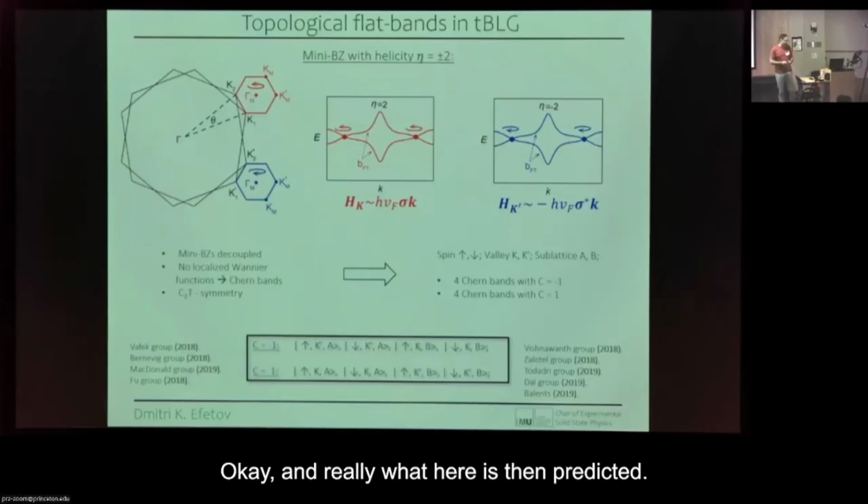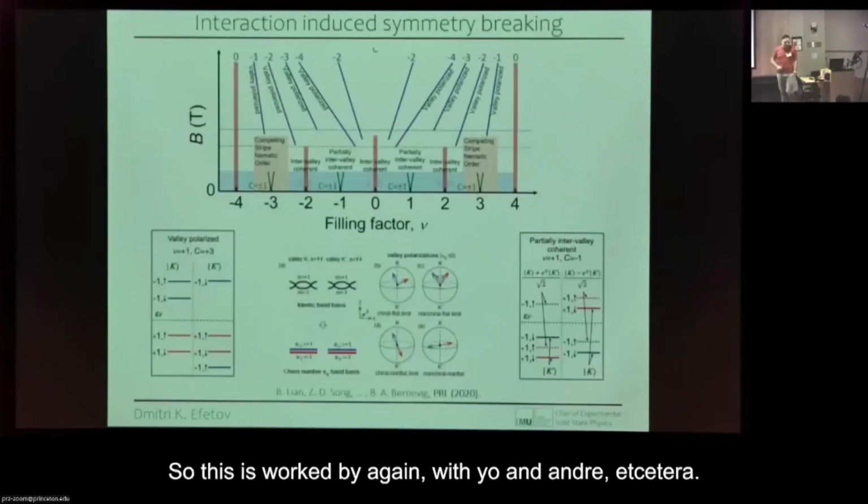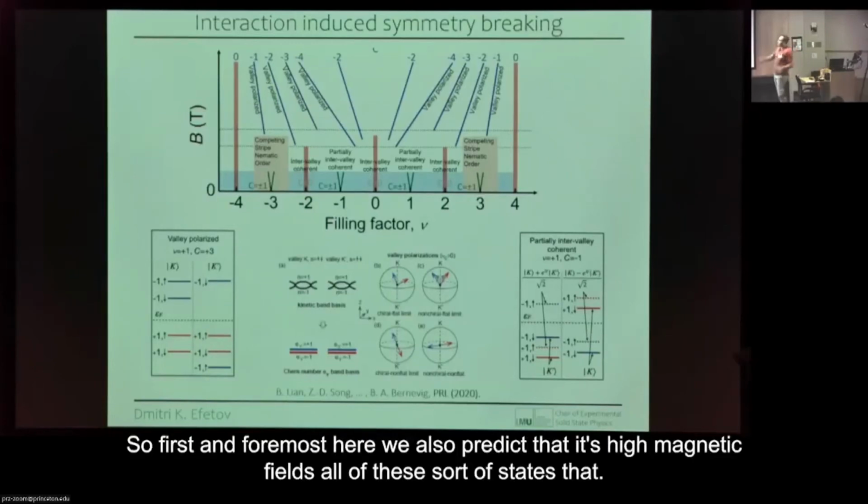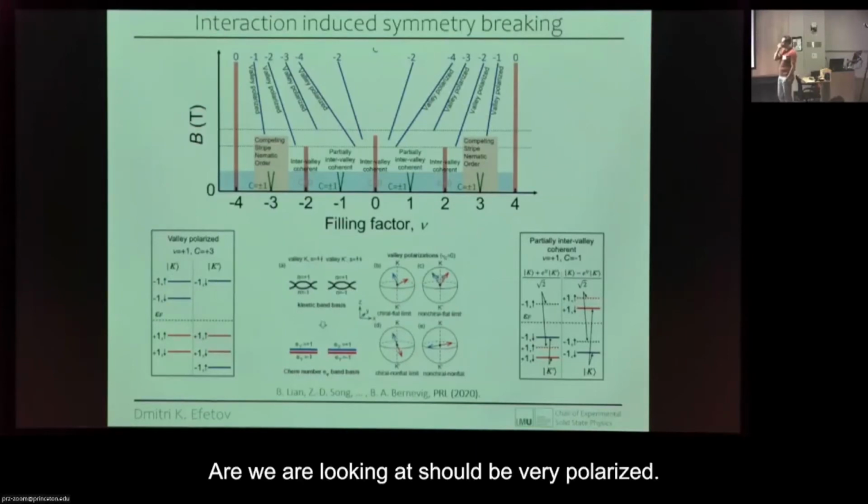Okay, and what theory then predicted, so this is work by, again, Yao and Andre, etc., is that in a magnetic field, these phases should be visible. First and foremost, theory predicted that at high magnetic fields, all of these states that we are looking at should be valley polarized Chern bands.